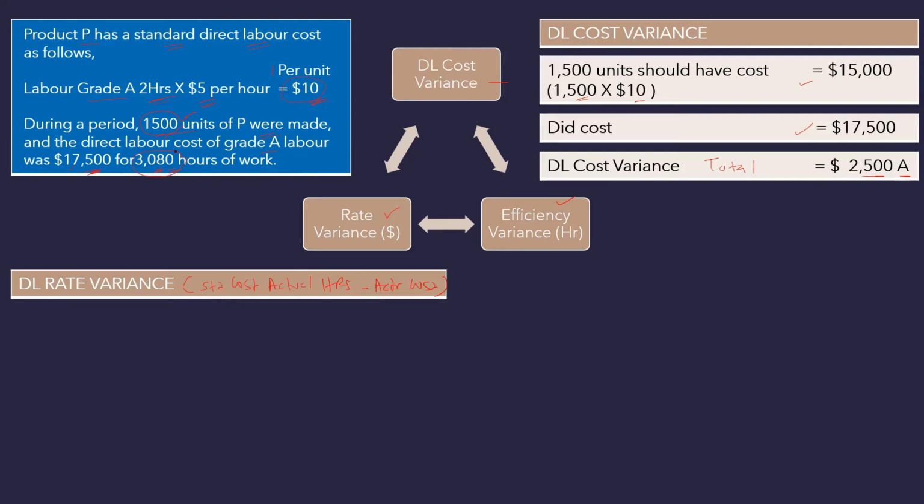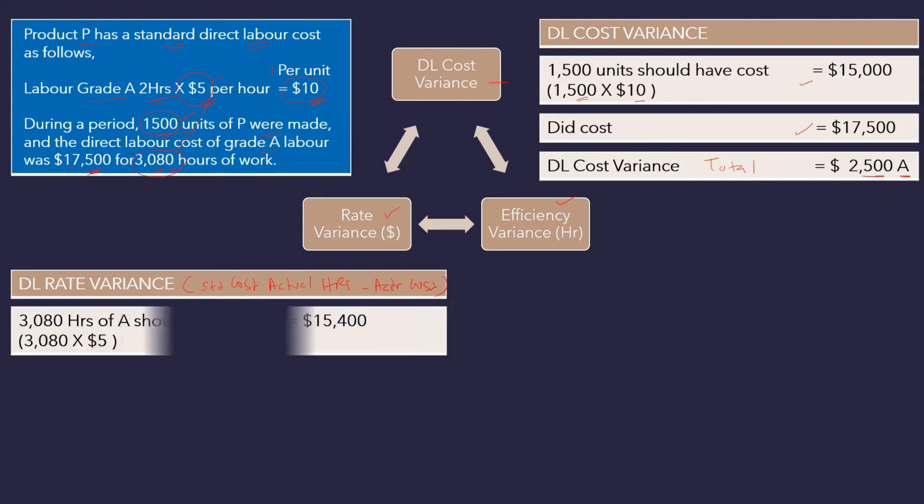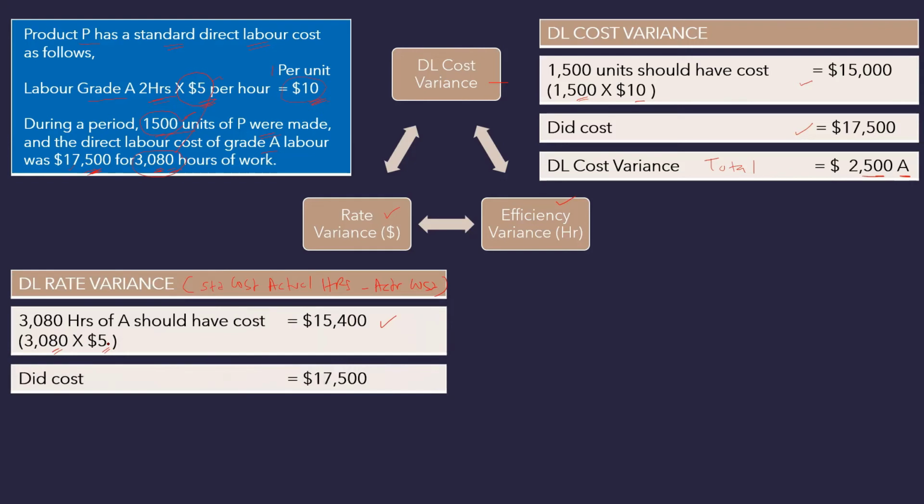If you had used the plan cost of $5 per hour to produce 3,080 hours, how much should you have spent? Which is $15,400. However, it cost $17,500, right?